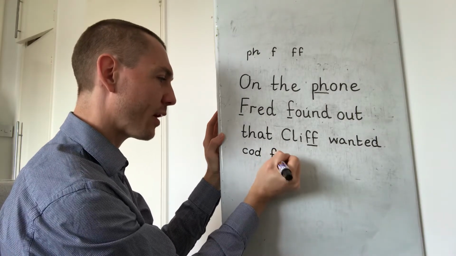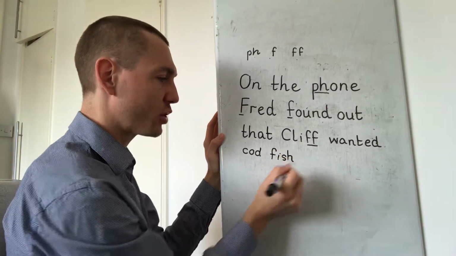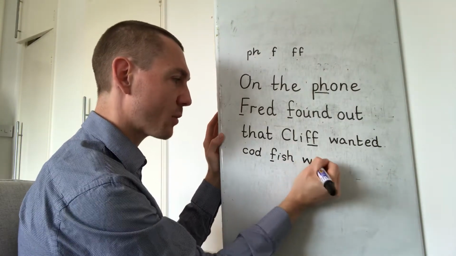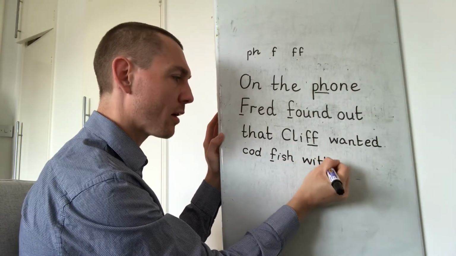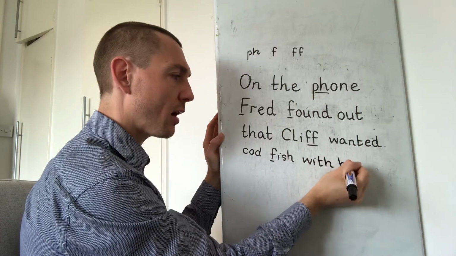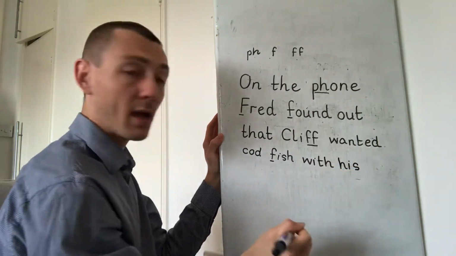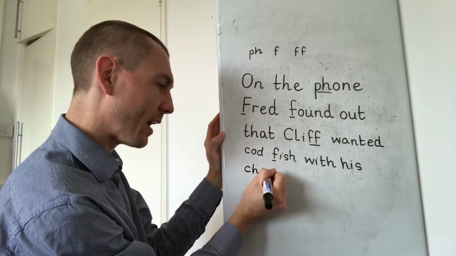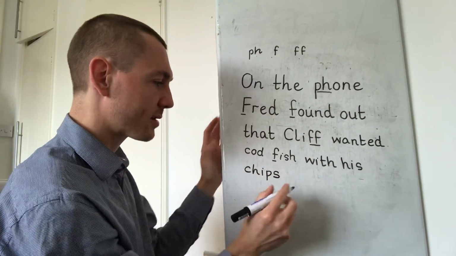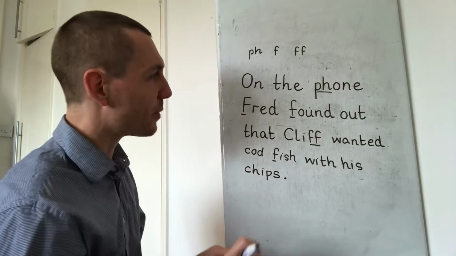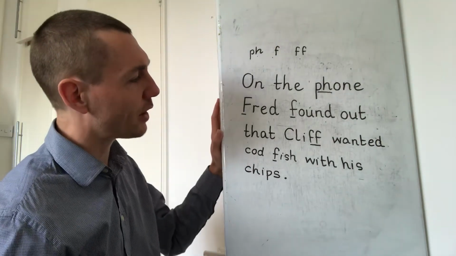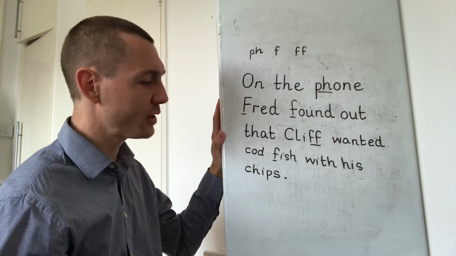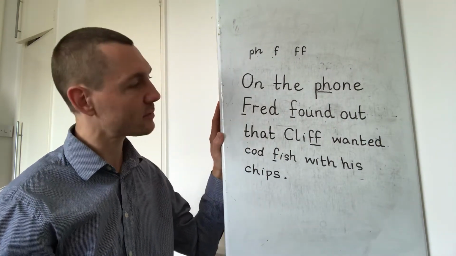Fish, f, i, sh. Fish with his chips. With. His chips. Ch, i, p, s. Full stop. On the phone, Fred found out that Cliff wanted codfish with his chips.